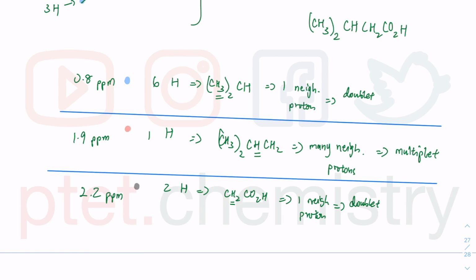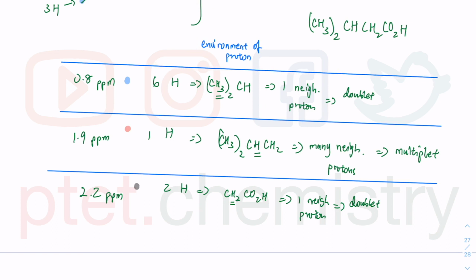So the environment of the proton is going to be this one. So this is where you are. Environment of the proton. You can obviously copy and paste from the data booklet based on the description that I give you. The splitting pattern there is going to be the doublet or the multiplet or the doublet.